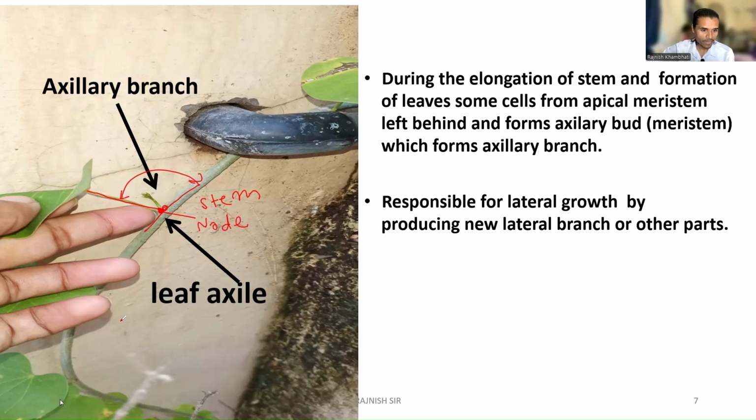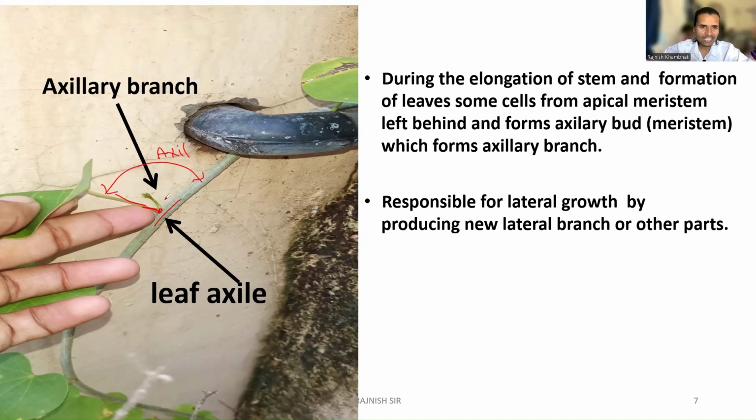Let me erase and show you again. So this is the stem, and this is the leaf. This portion is the node, the attachment of the leaf to the stem. This angle between the stem and the leaf is known as the axil.